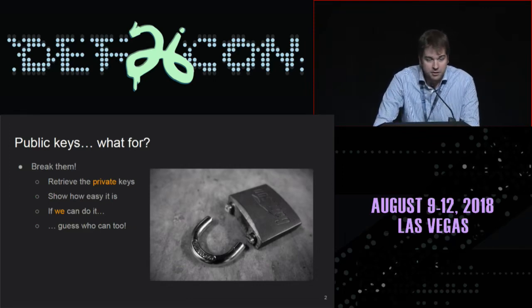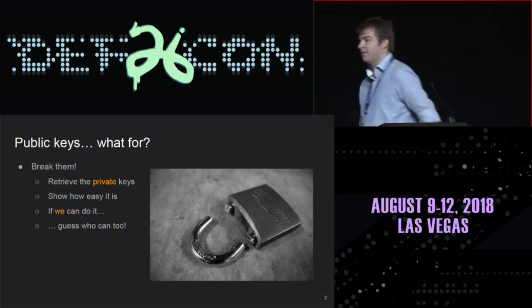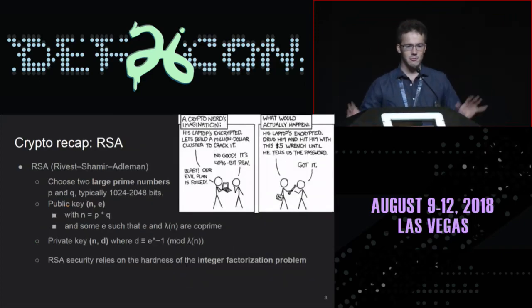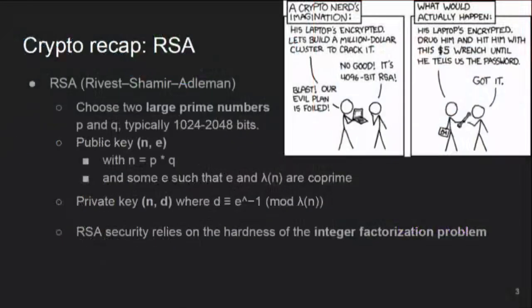So one question remains, how do you retrieve the private key out of the public key, Jolan? Well, that's a really good question, Niels. I'm a math guy, so I'll do a little crypto recap first. Most keys out there are using the RSA crypto system. RSA is really simple.